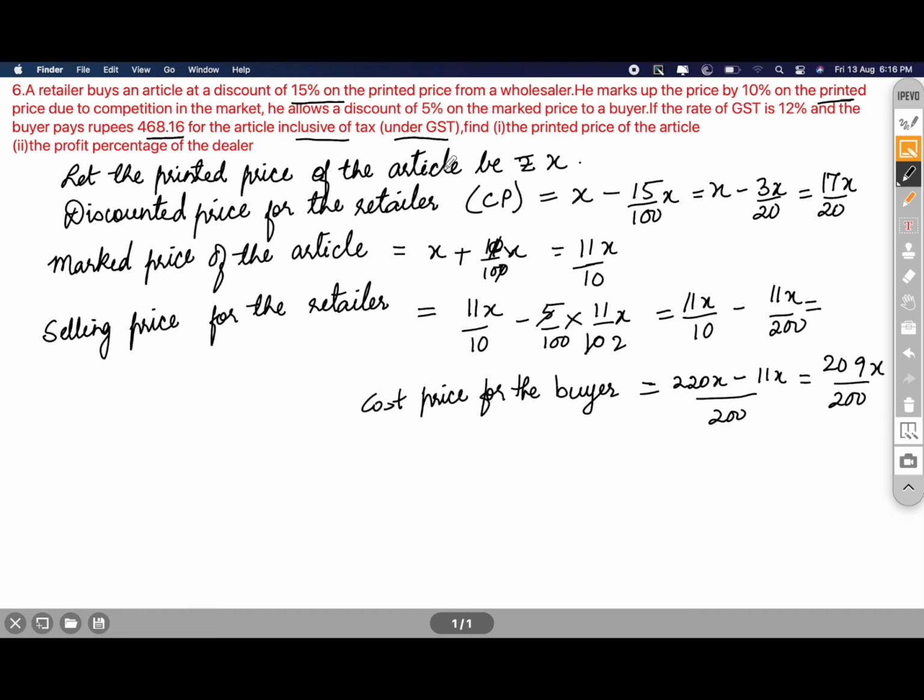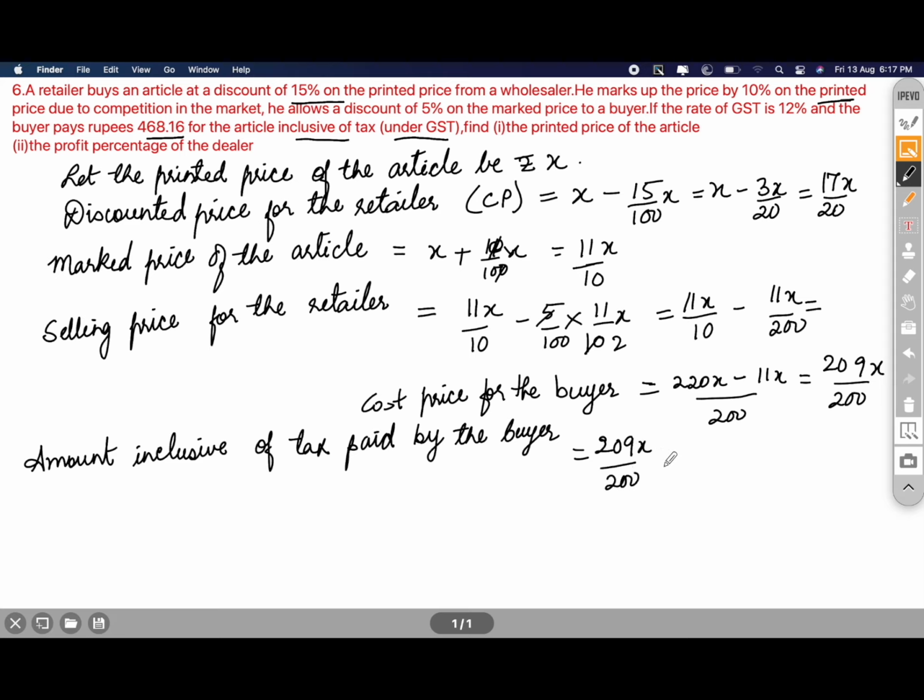Now how much is the buyer paying? Here it is said 468.16. In terms of X, let us find out how much the buyer pays inclusive of tax. So the amount inclusive of tax paid by the buyer will be 209x by 200 plus tax, right?